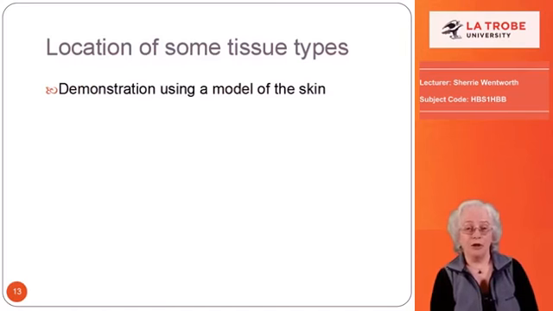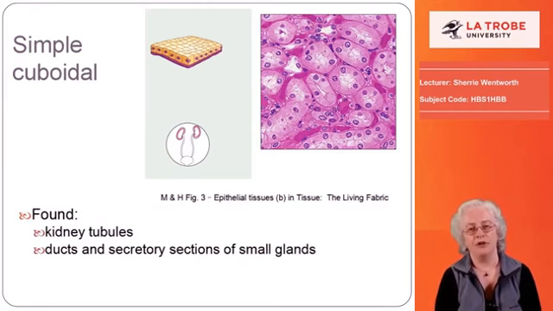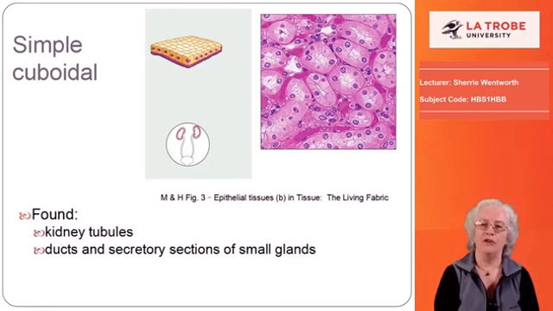Having had a look at the model, we now need to consider the other simple layers. So simple cuboidal. Instead of the squamous cells, I now have the cube-shaped cell. So simple cuboidal I'll find in the kidney tubules that you learnt about last semester, and in the ducts and the secretory sections of small glands, because these cells will be secretory cells.